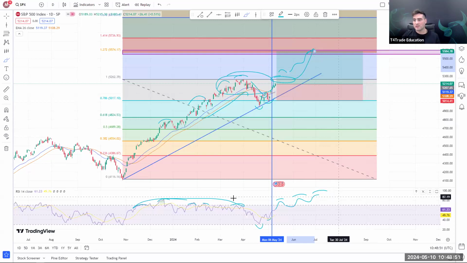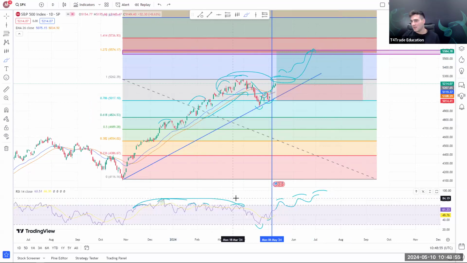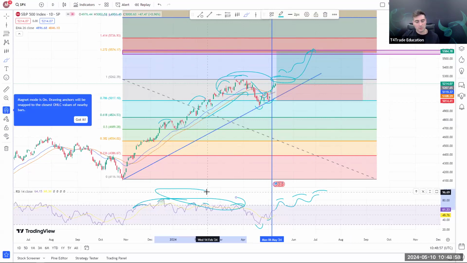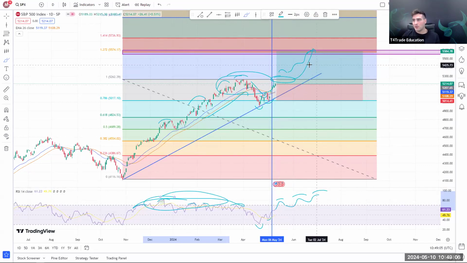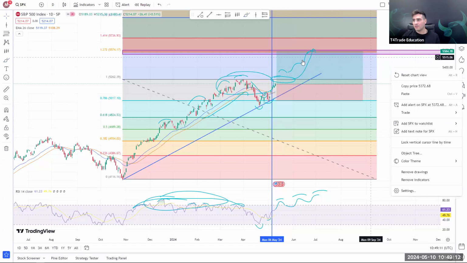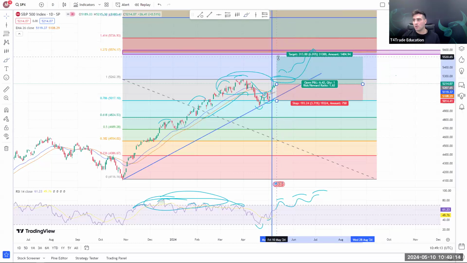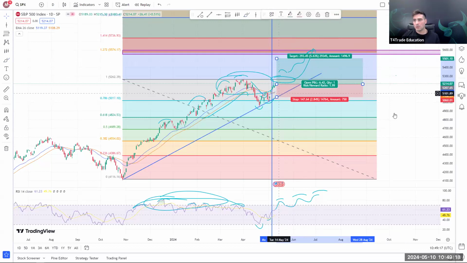If we get some sort of divergence, much like we have seen in this area here, with no confirmation of the price action by the RSI, then at the end of the day we're going to adjust our profit target to a lower level, but also our stop loss.